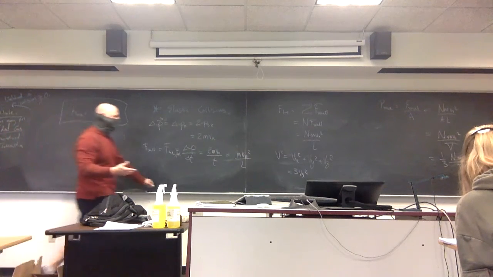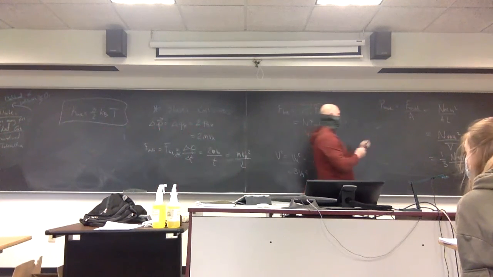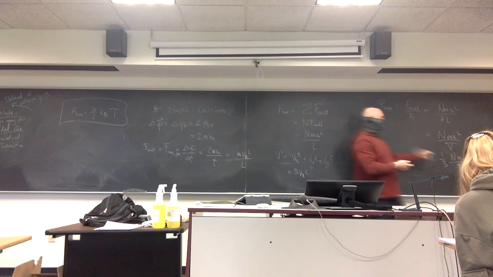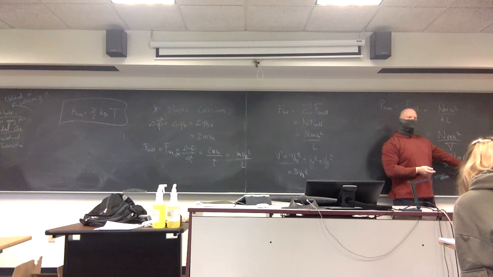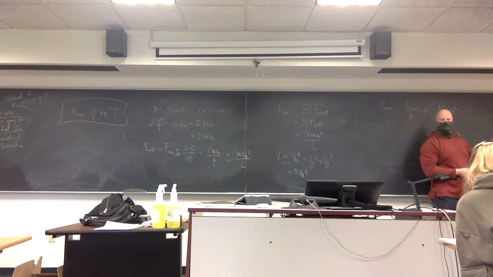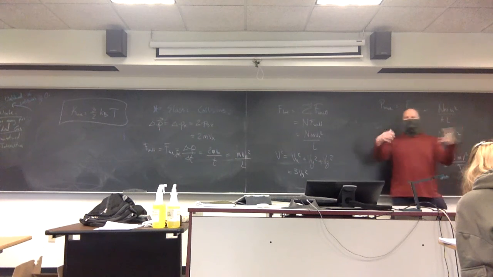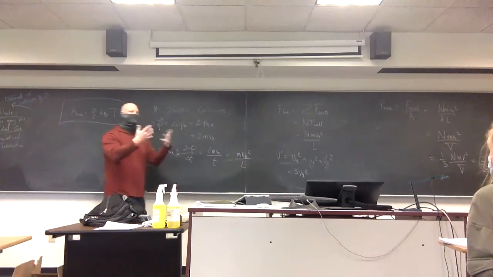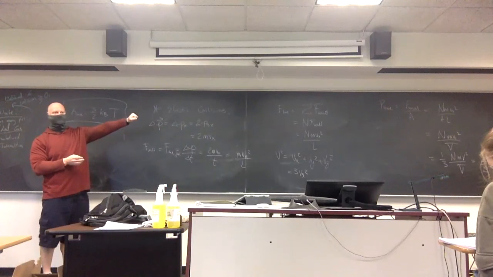So let's discuss this a little bit. The two things I really get out of this is what? That the pressure of the box that I measure is simply related to how often the particles are colliding with the wall. The greater the amount of kinetic energy they have, the more they'll collide with the wall because they're more energetic, they're moving more, they're colliding with it more often, and that increases the pressure.